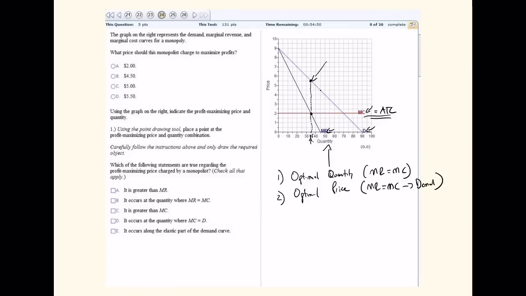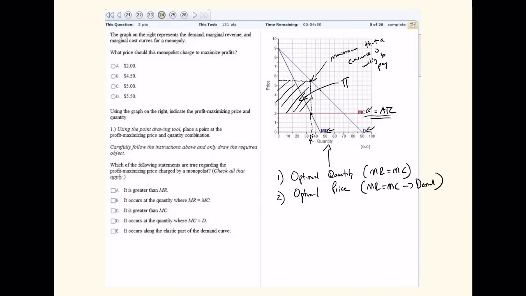This point right here represents the maximum that a consumer is willing to pay, and this would be our profit maximizing price. And then if we were going to graphically depict profits, we would move horizontally and fill in this space right here. This would be profits for the monopolist.